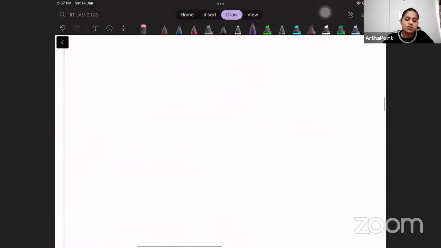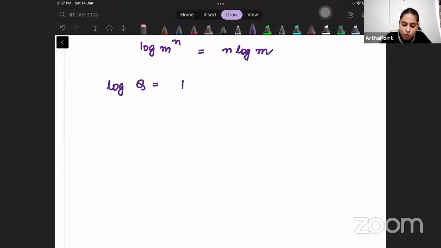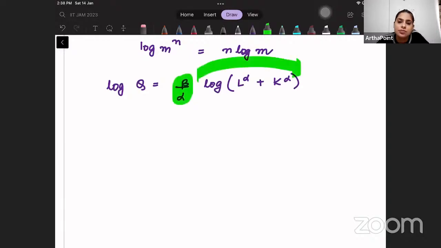I am going to use this property that log m to the power n is n log m. So if they have given me log q is equal to beta by alpha log of L to the power alpha plus K to the power alpha, I can take this in the power. Let's do that. What will you get?